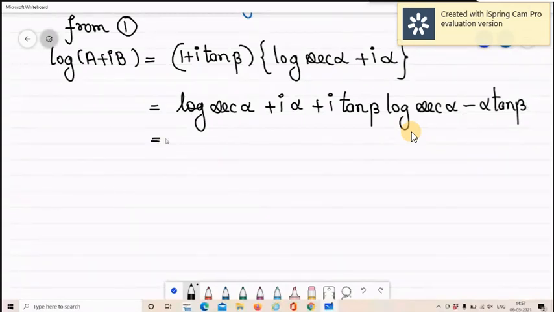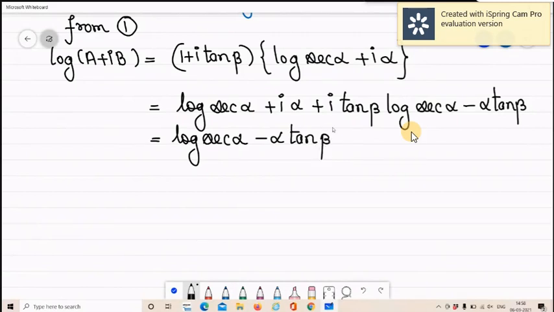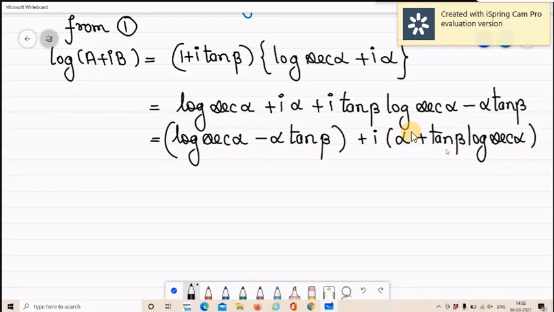So from here, what I am doing is grouping the real part with the real part and the imaginary part with the imaginary part. I have come to this much. Now what is it that we know?